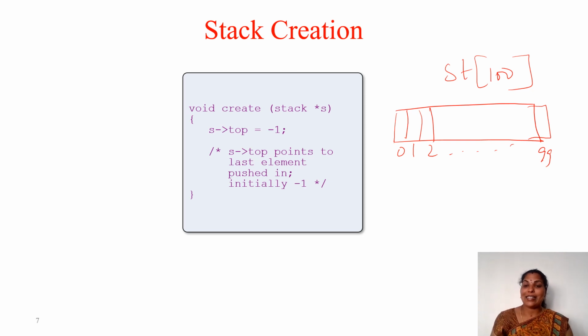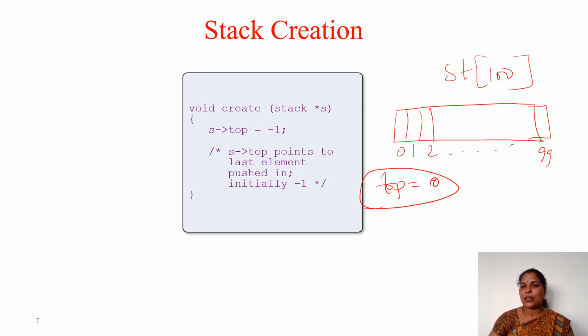So what is our working model? We have to increment the top, then only we have to place the element in that position. If I am going to insert the first element in the stack, the top is incremented, and after incrementation the top equals 0.